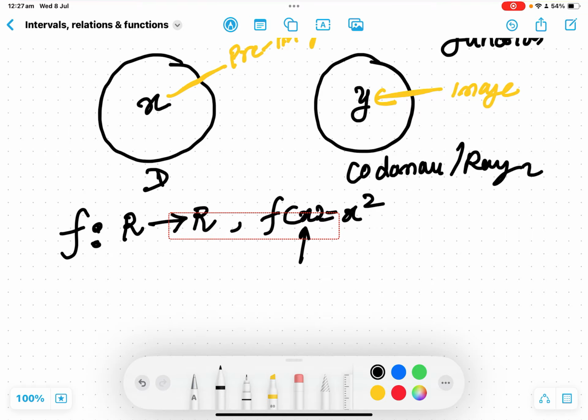So x is a real number and x squared is another real number.